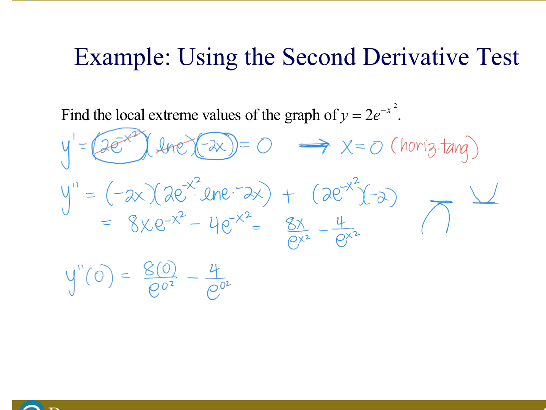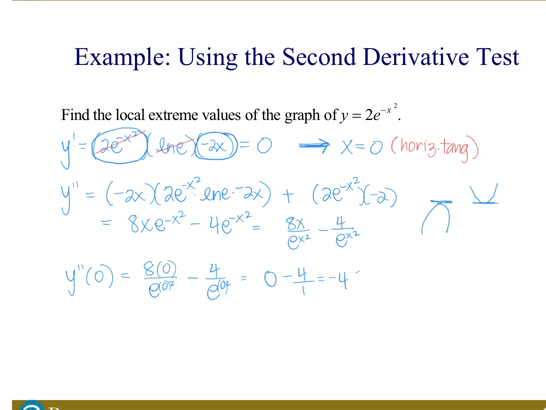So 8 times 0 over e to the 0 squared, and then minus 4 over e to the 0 squared. So 8 times 0, of course, is 0. Minus 4 over e to the 0 squared is 1, so it's negative 4. So that is a negative number.